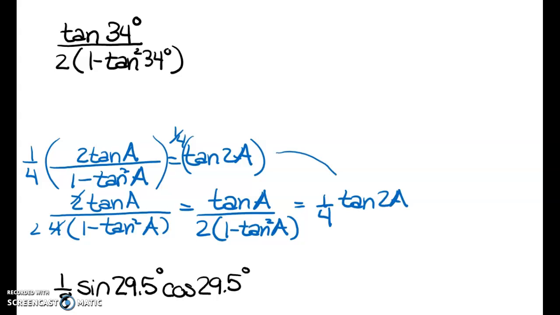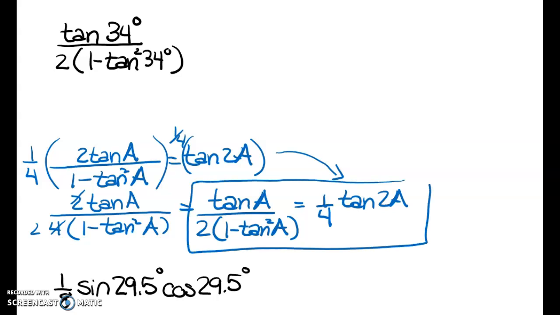Right? I had to multiply that to get this. So now I have a nice brand new identity. I manipulated my original identity to make a brand new identity. So I know that my A value is going to be 34.